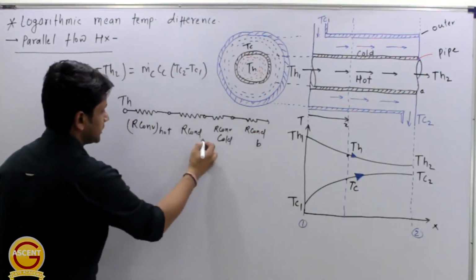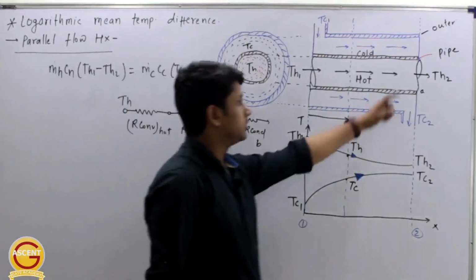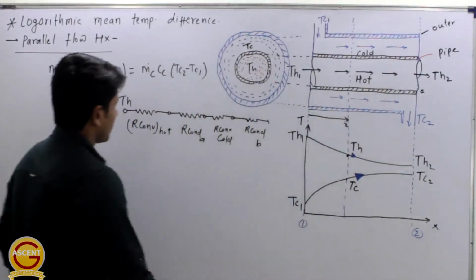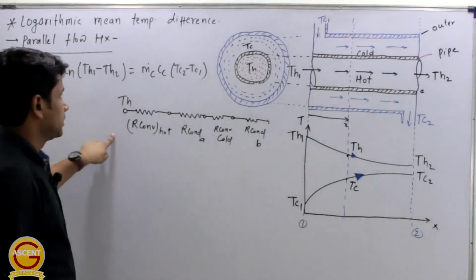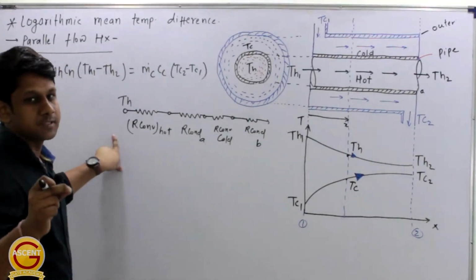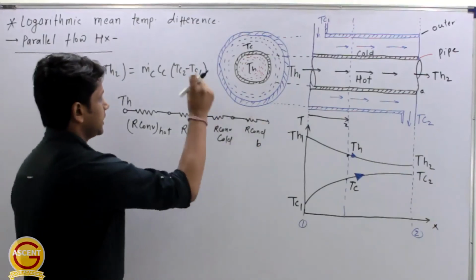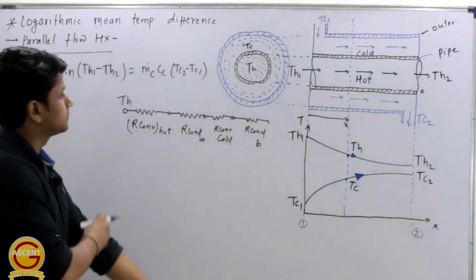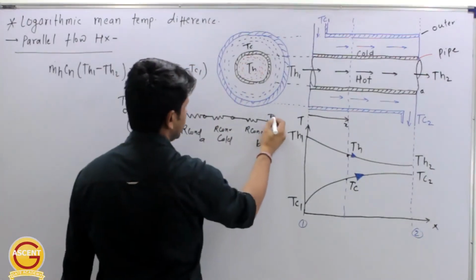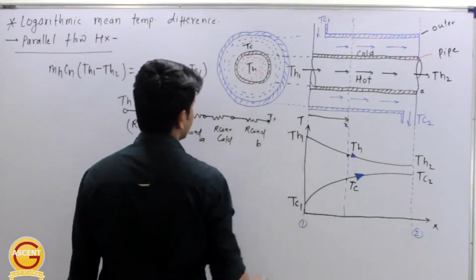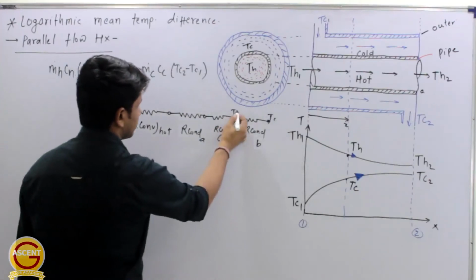So this we have taken as A and this will be B. Okay. Now this temperature difference will be how much? So we know only two temperatures, the temperature of the inner fluid and the temperature of the outer fluid. So TH and TC, right? So TC will be here.